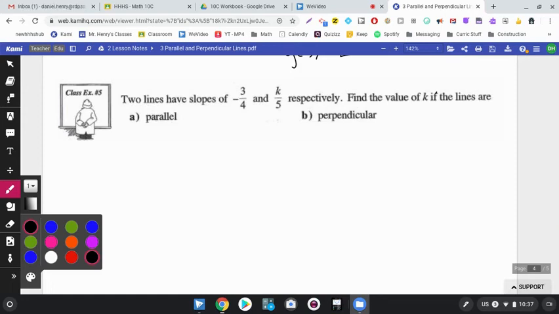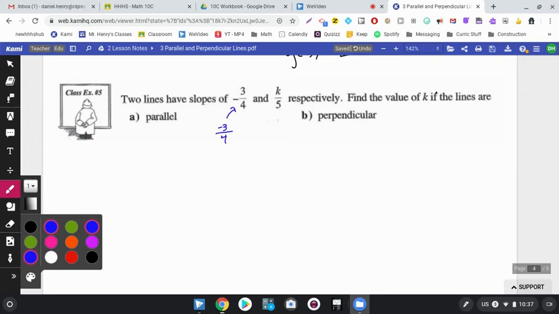Okay, so the first thing I'm going to do is, instead of -3/4, let's just make the top negative, -3/4, knowing that that means the same, having the negative out front. So that's just a little bit easier.